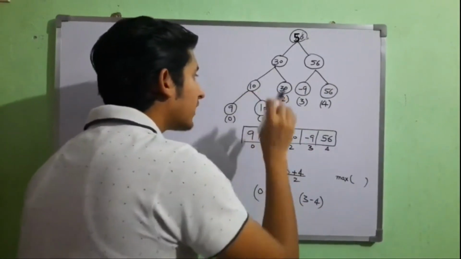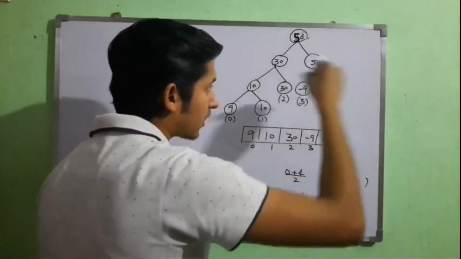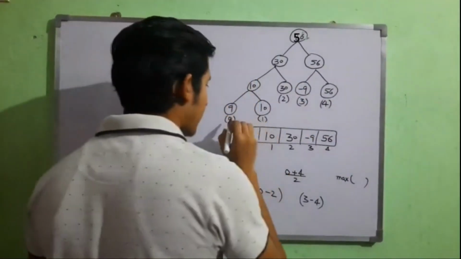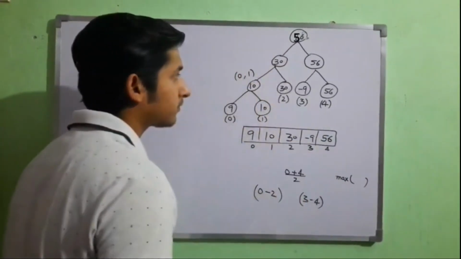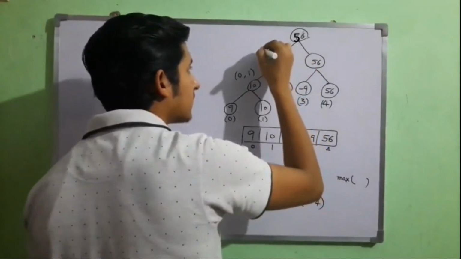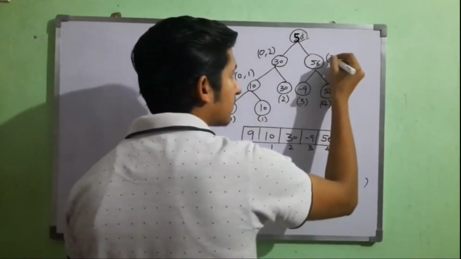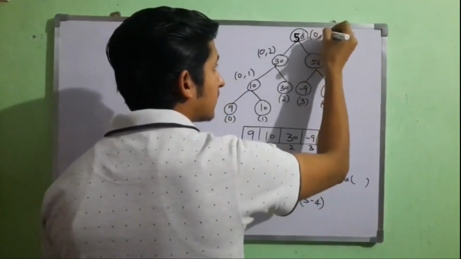Now as we move up, one more thing to notice is that every leaf node is basically a part of this array. Now this is having a range, this is having a range, this is having a range, and this is having a range.